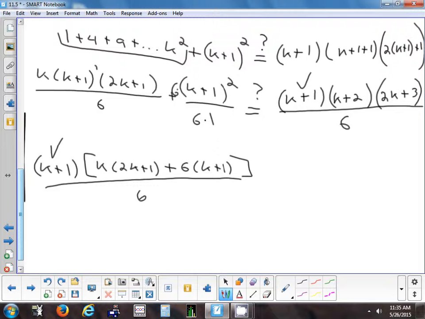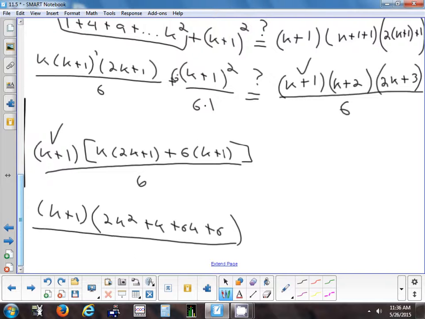All right, so we have k plus 1. I think, since we're going to do this out, we can get rid of the brackets now. 2k squared plus k plus 6k plus 6.